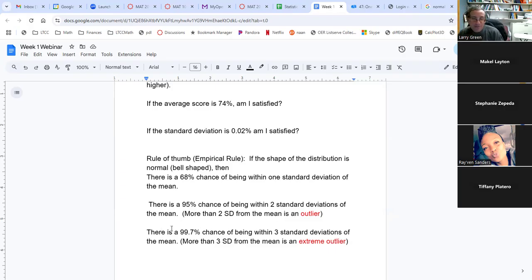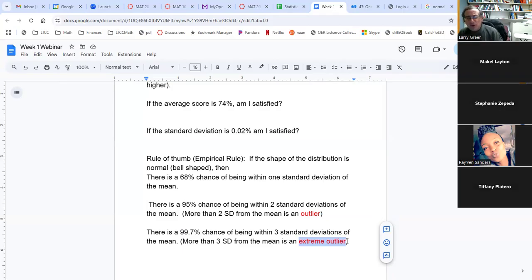Within 3, it is very rare, extremely rare to be more than 3 standard deviations. And if it's more than 3 standard deviations from the mean, we're going to call it an extreme outlier. So get these words, take notes on this one. These are words you should be writing on paper. Got it? Any questions on what this is?